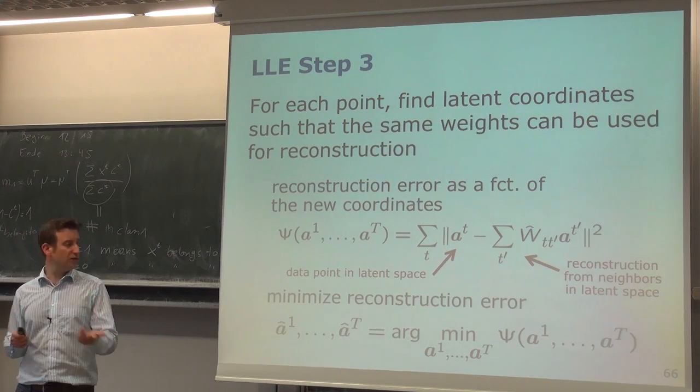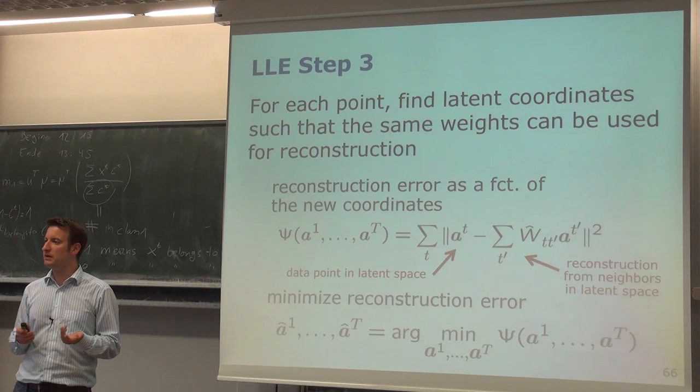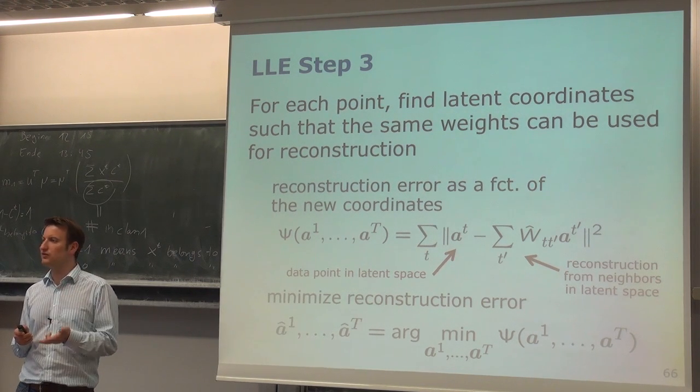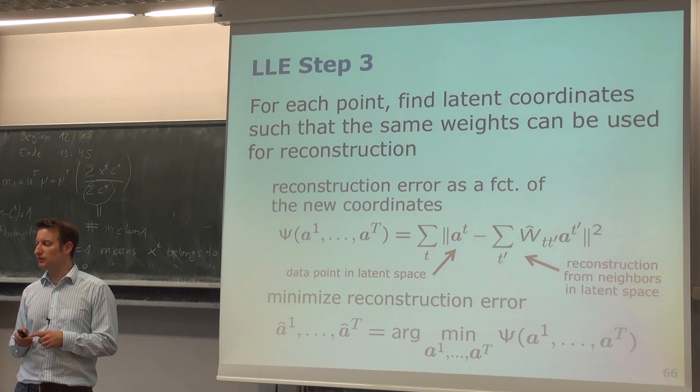So what I use is I have two error functions I need to minimize. The one was computing the weights through reconstruction of the neighbors, and the next one computing the low dimensional coordinates given the weight matrix.